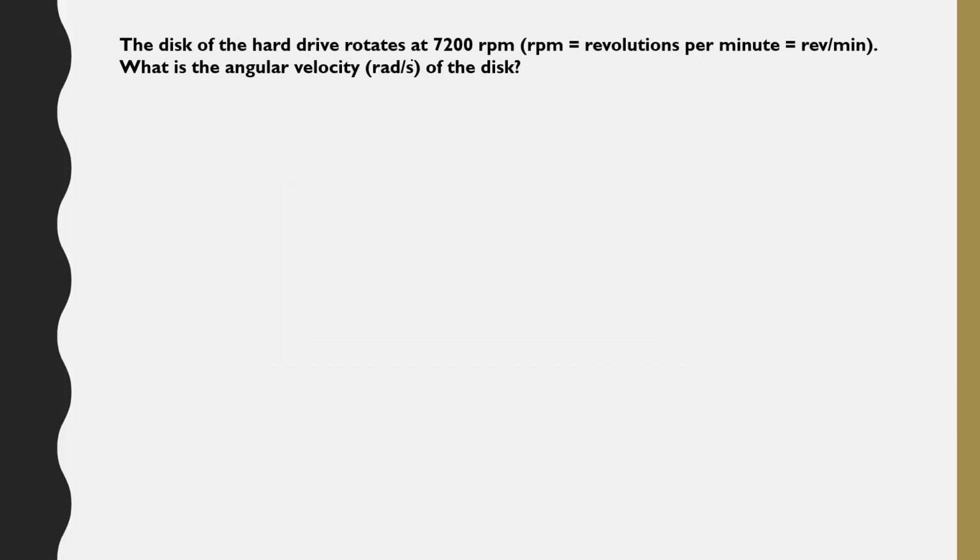Start out with something pretty simple. We've got a hard drive rotating at 7,200 RPM. So we do have to be careful how to convert revolutions to radians and all of these things. So 7,200 revolutions per minute, but revolutions per minute is not the angular velocity. Angular velocity is what we're trying to find.